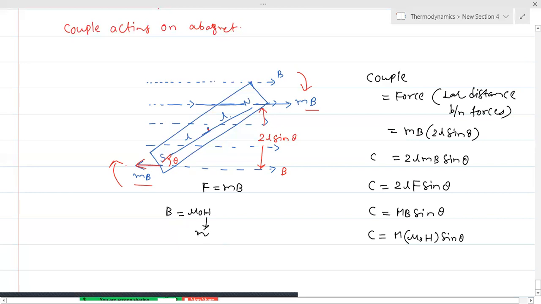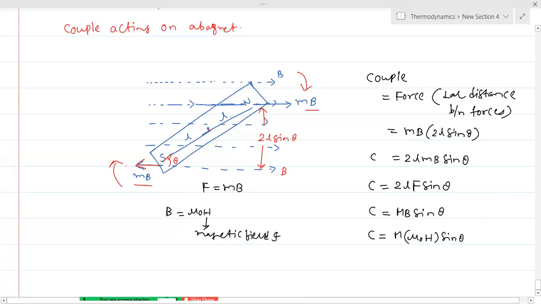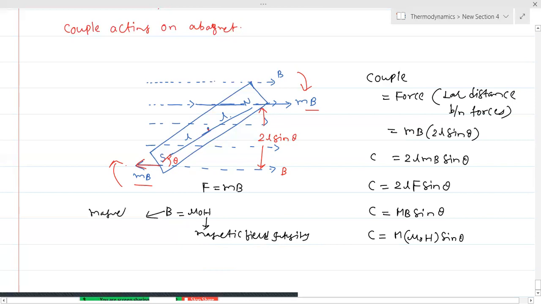H is called magnetic field intensity, and B, as we already know, is magnetic field induction.